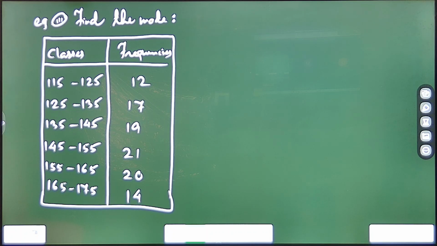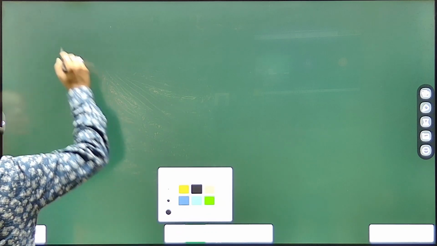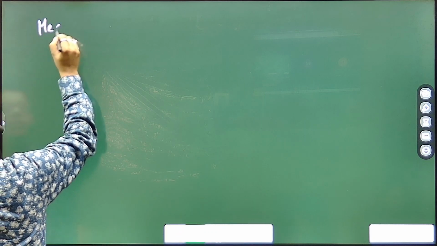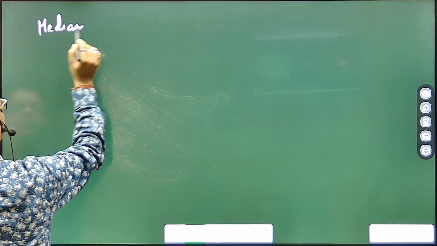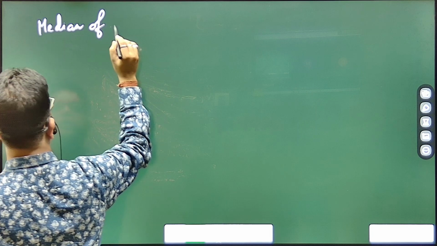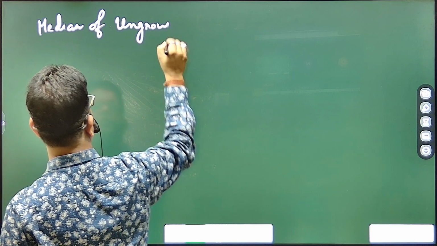Okay, so till you complete this, I'm writing the next topic, median. You complete the answer. Alright, after that you'll write. So we're going to start median of grouped data. Median. Okay, median of ungrouped data, let me start with. Median of ungrouped data.